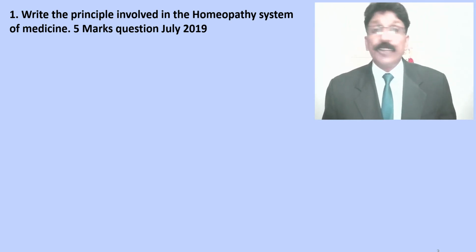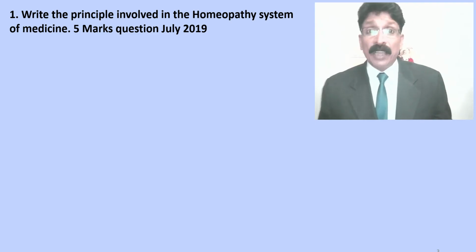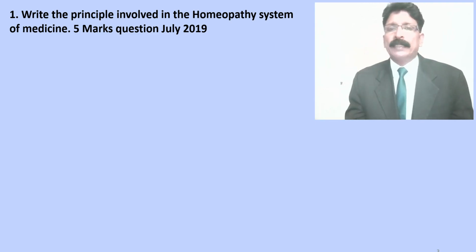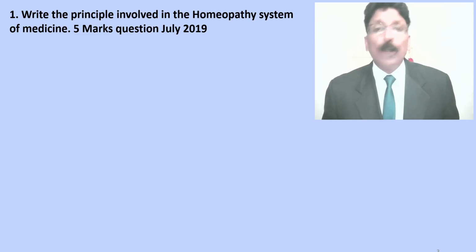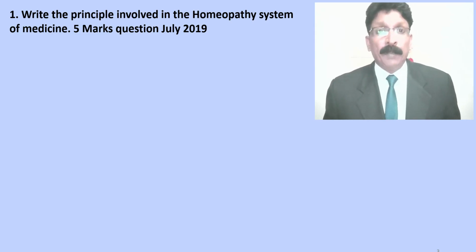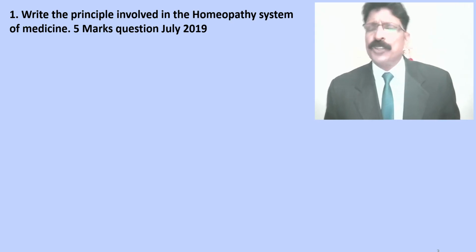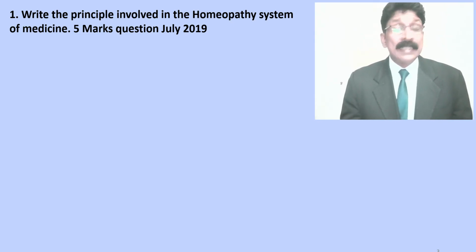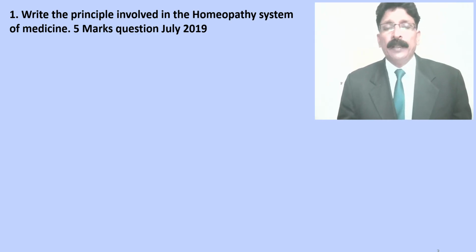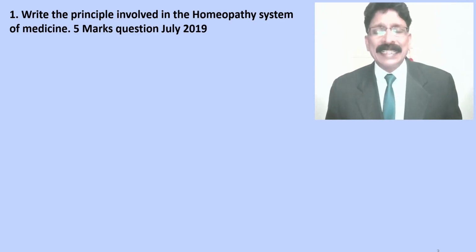You see in the syllabus, they have asked what is the role of pharmacognosy in various systems of medicine, including homeopathy. But they have asked principle, so it's necessary for the student to know what's behind a medicine system like homeopathy, a complementary medicine system like homeopathy, Siddha, Unani, Ayurveda.